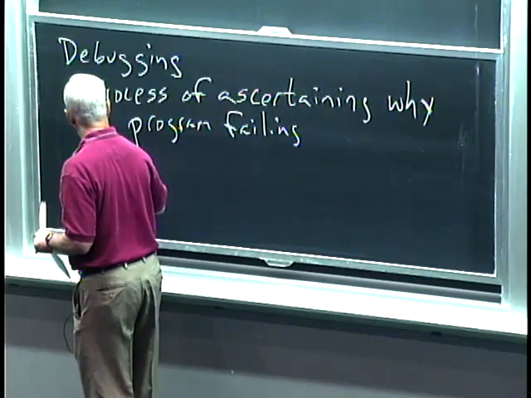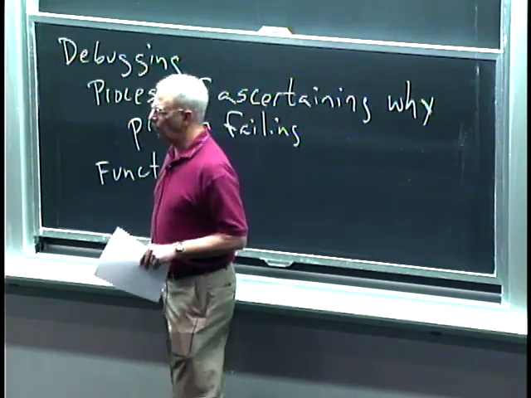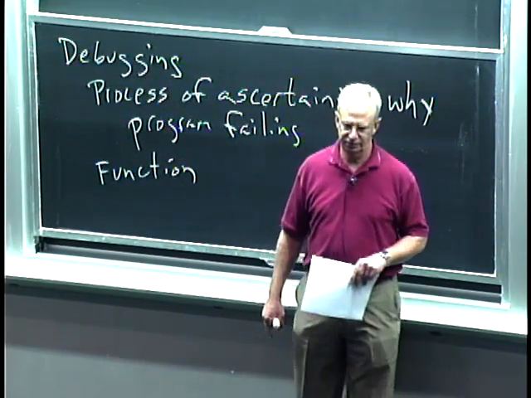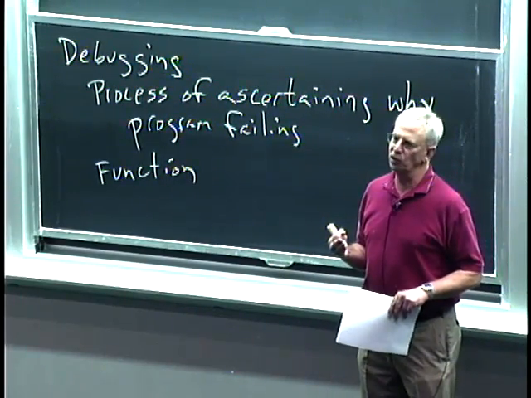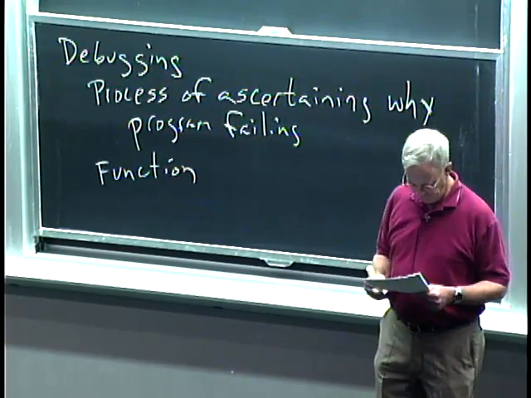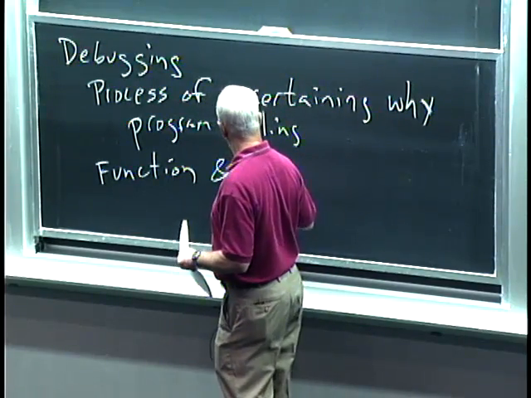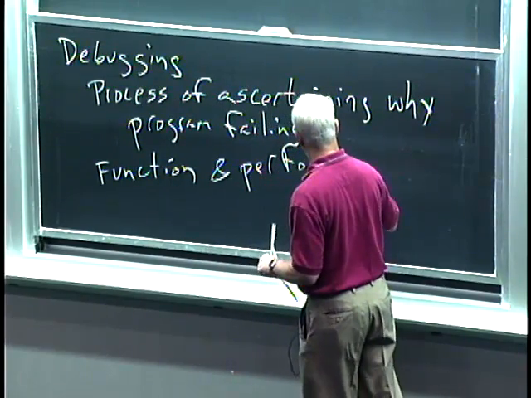There are two aspects of it. Thus far, the problem sets have mostly focused on function. Does it exhibit the functional behavior? Does it give you the answer that you expected it to give? Often, in practical problems, you'll spend just as much time doing performance debugging.